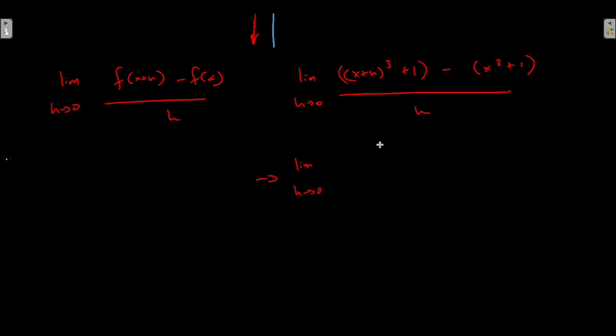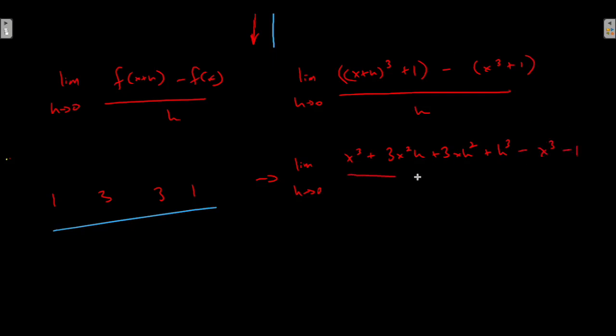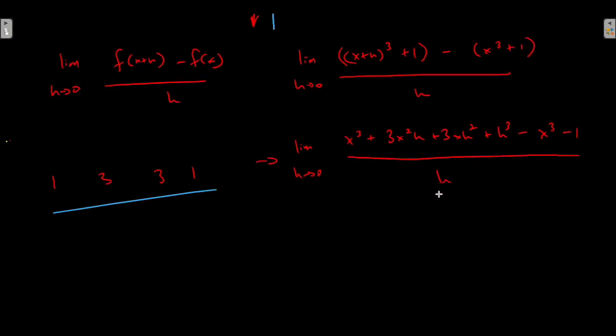And then for (x plus h) cubed, we can use Pascal's triangle to find the coefficients 1, 3, 3, 1 right here. And then we get x cubed plus 3x squared h plus 3x h squared plus h cubed, all minus x cubed, and then this minus 1, over h.